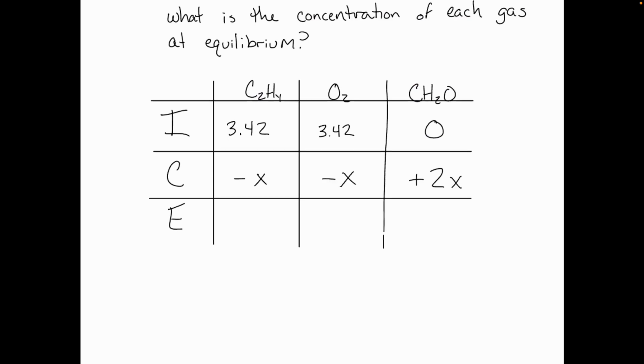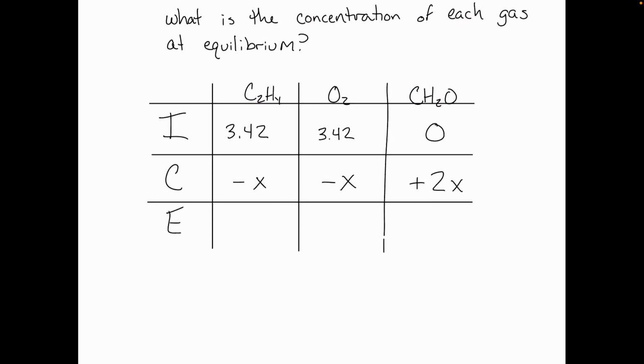All right? So now I can figure out my equilibrium box by, again, summing up those first 2 rows. So this is 3.42 minus X, 3.42 minus X, and 0 plus 2X is just 2X.